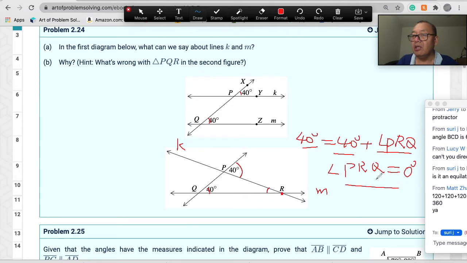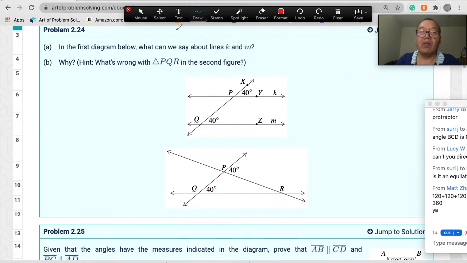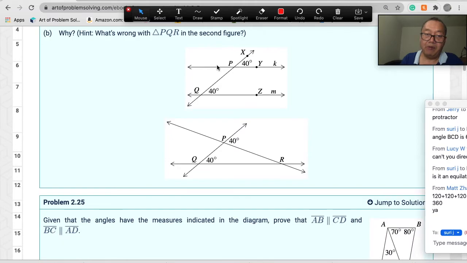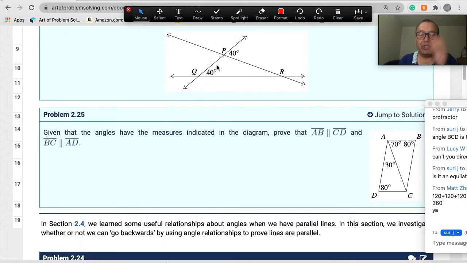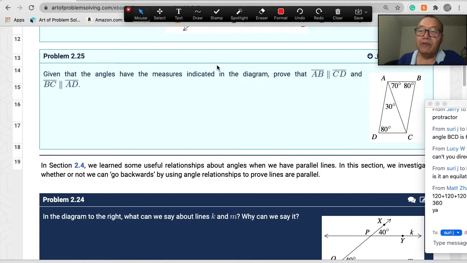So the reason we get this contradiction is just because we made the wrong assumption. That means line K should not intersect with line M. That means they should be parallel to each other. Okay, now you get it? So contradiction is also very, very powerful. A lot of times, if you use contradiction, you can prove your result very easily. Now let's see example 2.25.